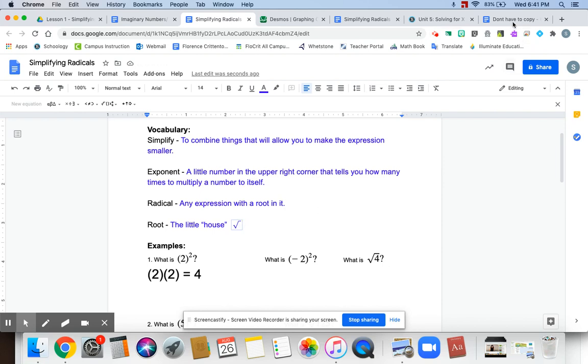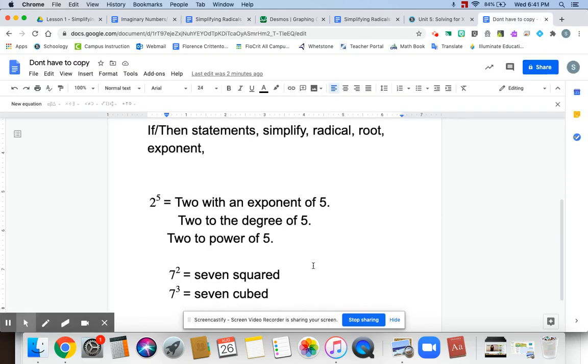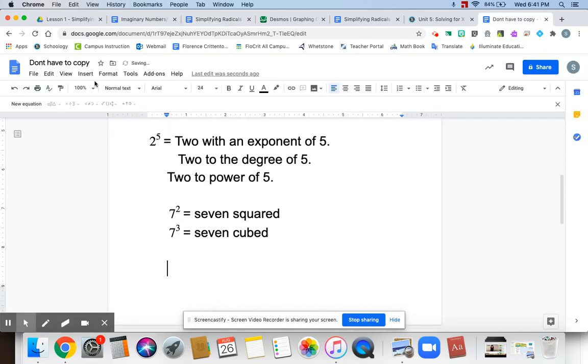Back to our notes that you don't have to copy, but you just need to understand. So let's talk about roots real fast. When it's this type of root, it's called a square root. But it is not the only type of root.